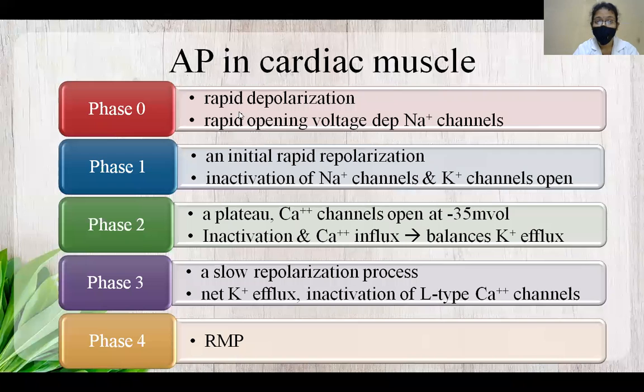It is characterized by rapid opening of the voltage-dependent sodium channels, which are responsible for rapid depolarization. As soon as the sodium channels open up, there is rapid influx, which causes a tremendous change in the membrane potential. From negative, it goes towards positivity. That is phase 0.